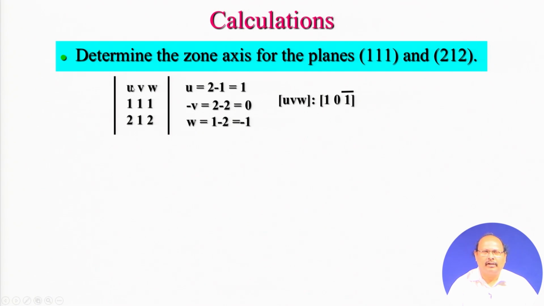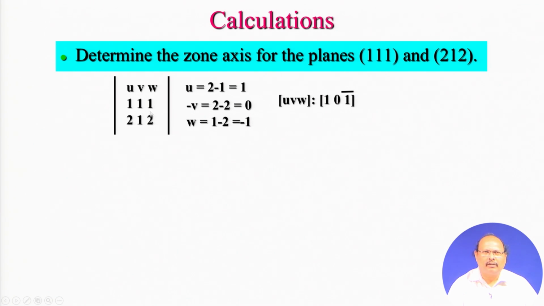How to calculate the value u? You take this column out, this row out, and then cross multiply: 2 into 1 minus 1. So, the u value is 1, and minus v is equal to 2 into 1 minus 2 into 1. So, minus v is equal to 2 minus 2, that is 0, v is equal to 0. And what will be the value of w?